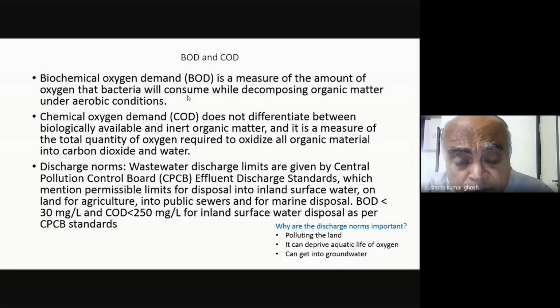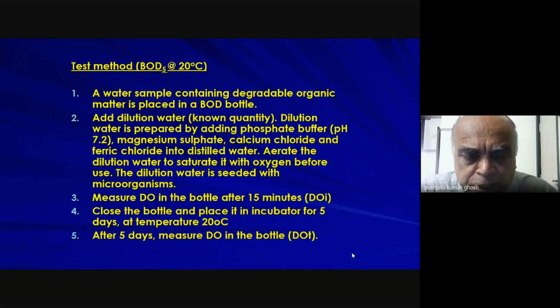So that's why it's so vitally important to be able to comply with these norms. So obviously the most important thing in measuring the BOD is you really want to measure how much of the oxygen is being consumed by the effluent, because that will really depend on two things.